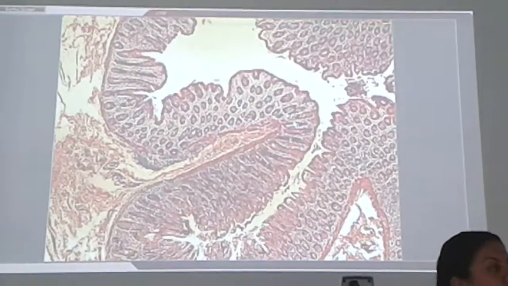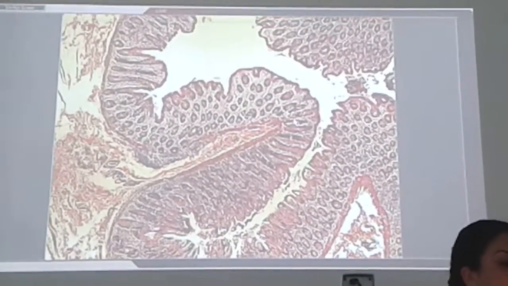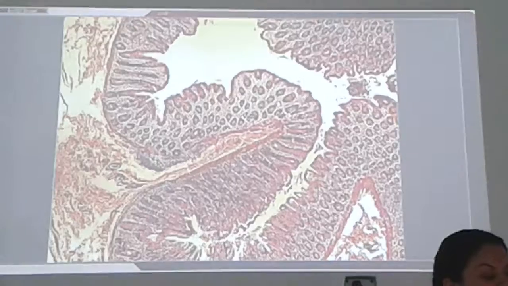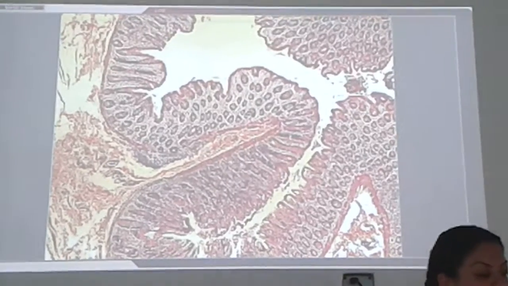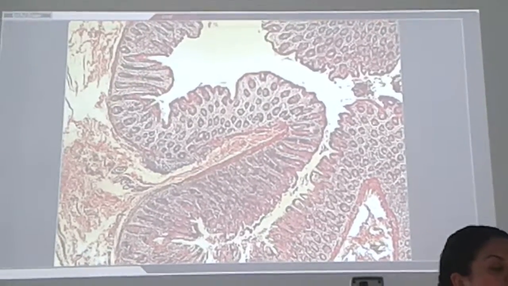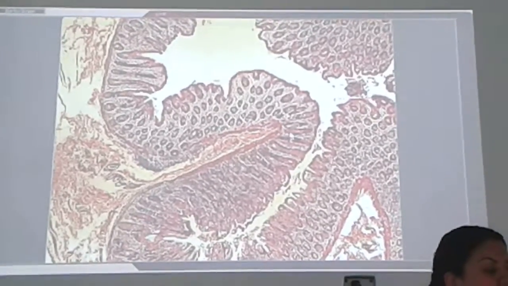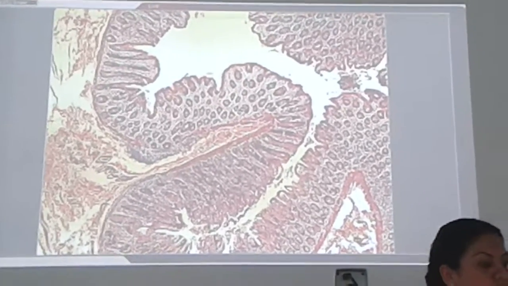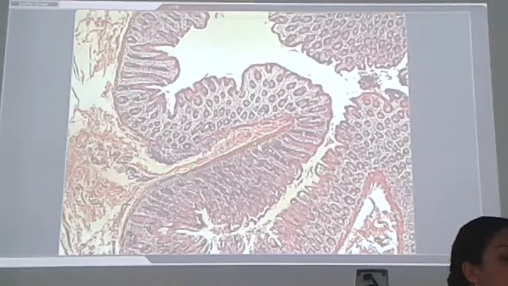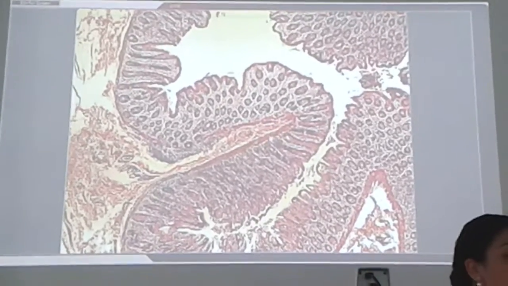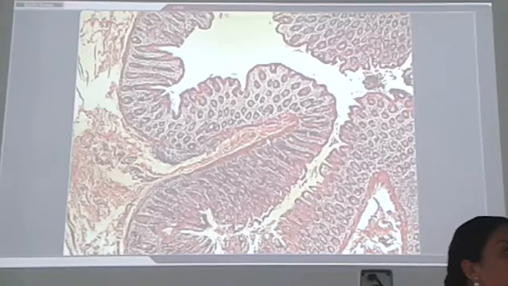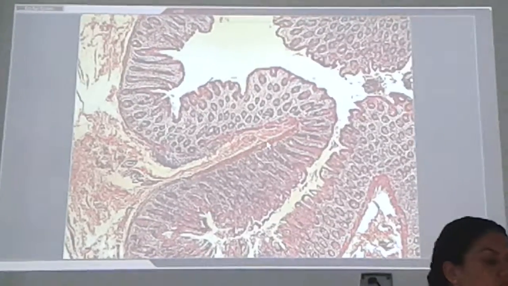In duodenum, jejunum, and ileum, these foldings are permanent. But in large intestine, these foldings are not permanent, but are organized by the contractions of the muscularis mucosa layer or muscularis externa layer.